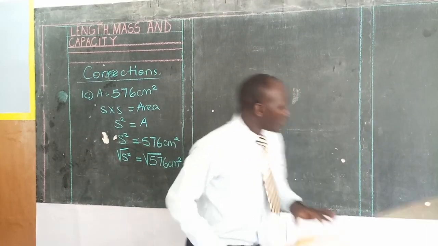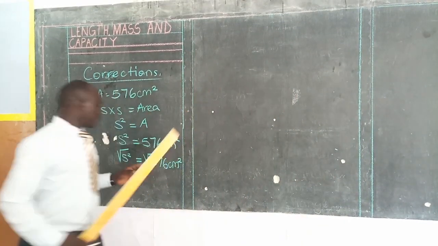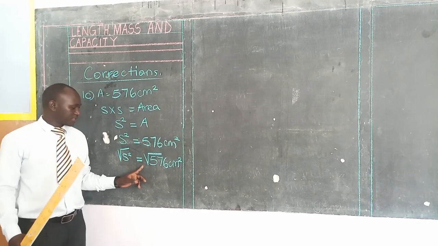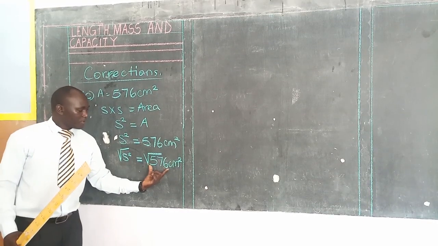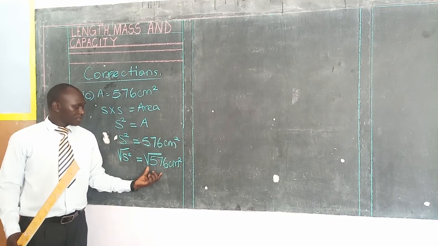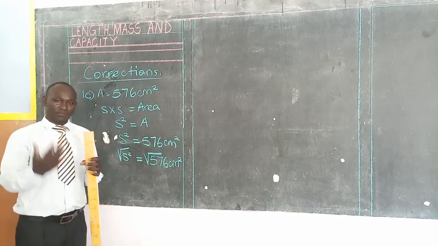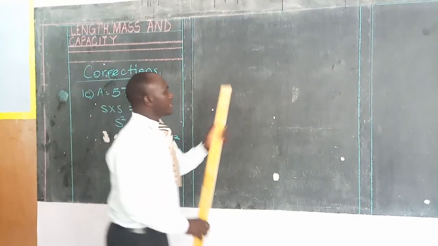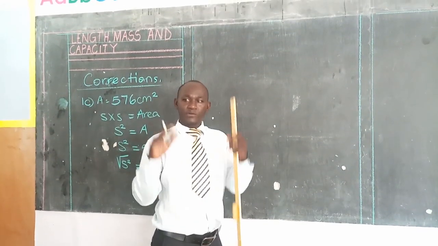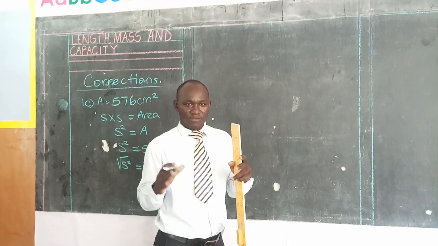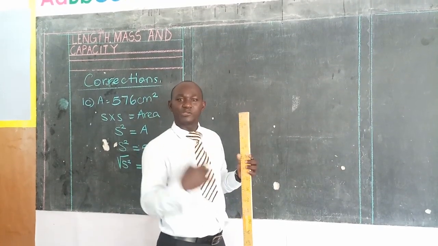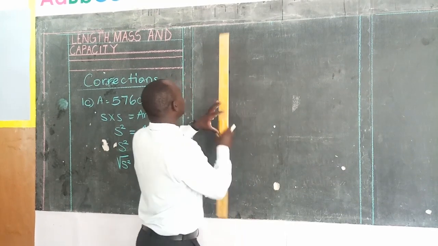And if you try to recall the lessons you had in primary 5, primary 6, you learned how to find square roots using the prime factorization method. And it's the very method we're going to use. In the previous video, we used a factor tree. But for now, we're also going to look at how we can factorize using a ladder.